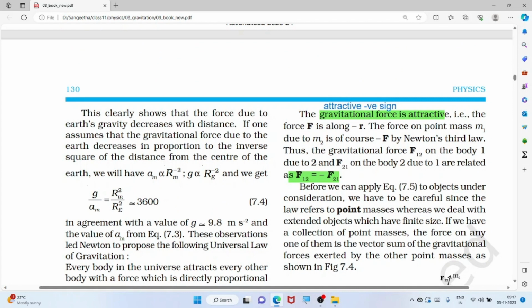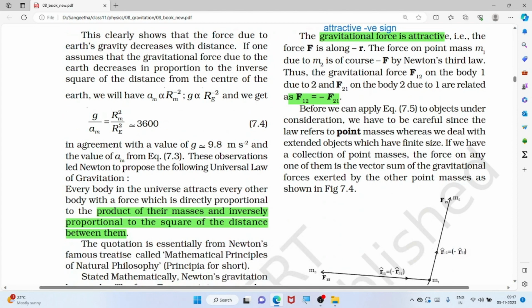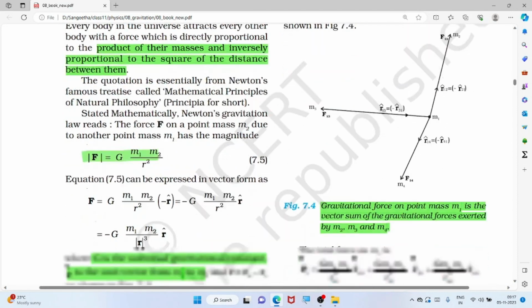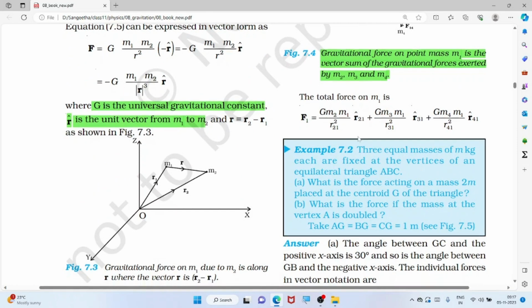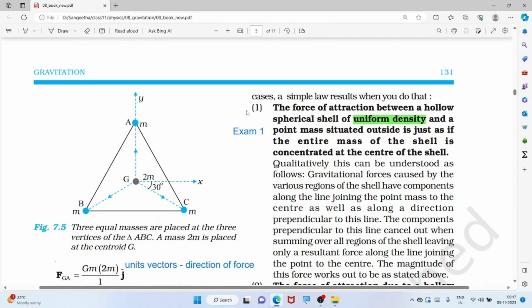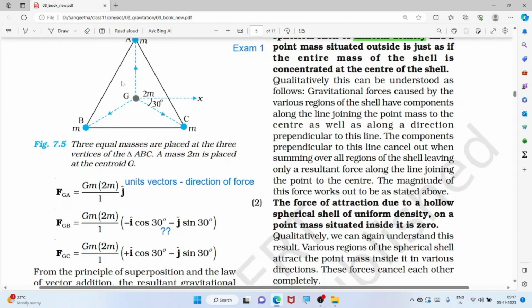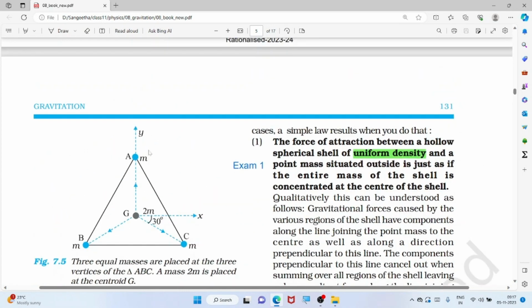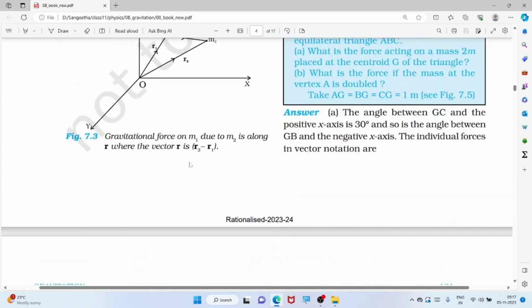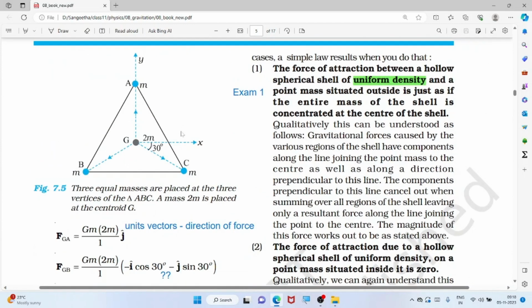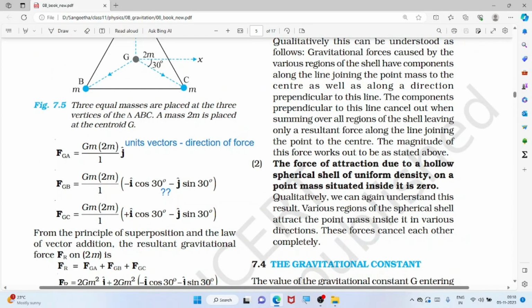The negative sign means attraction. In this problem, you see the direction of the force using unit vectors, that is important. On these unit vectors, which direction does this force act in this equilateral triangle? For this sum, you have to understand this unit vector.